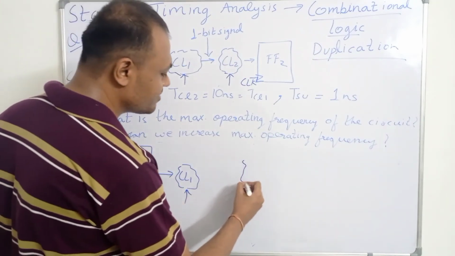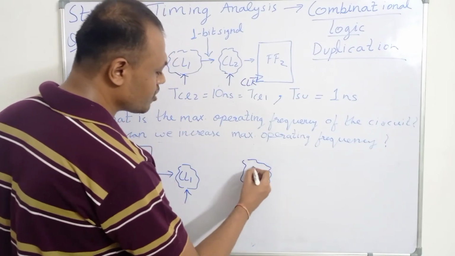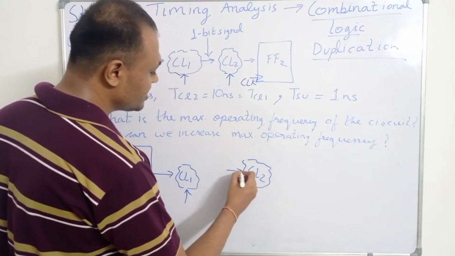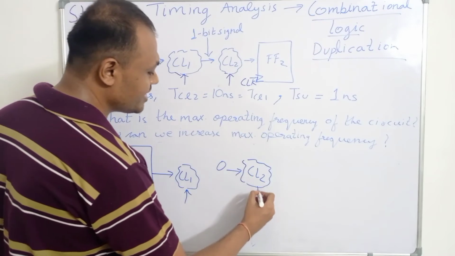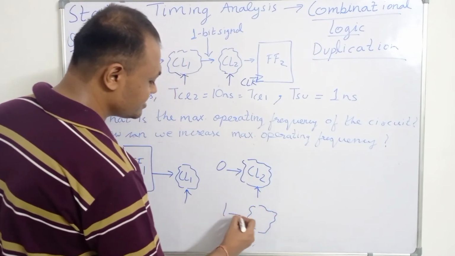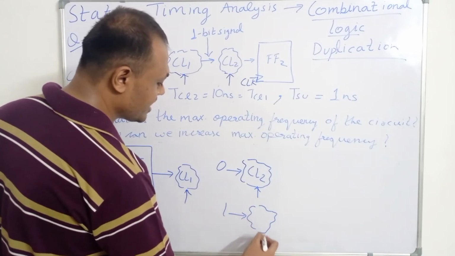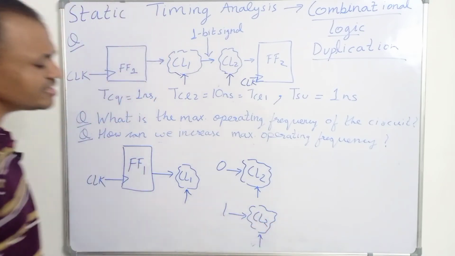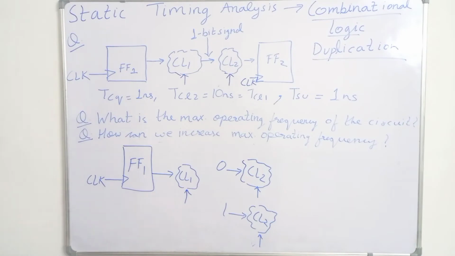So we can duplicate the combination logic 2. 0 is fed as the input to one combination logic 2, and 1 is fed as the input to the second block of the combination logic 2.